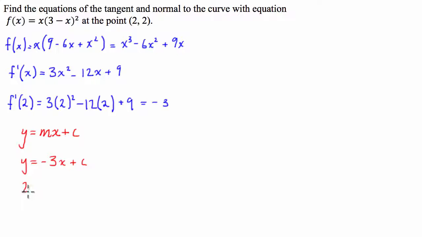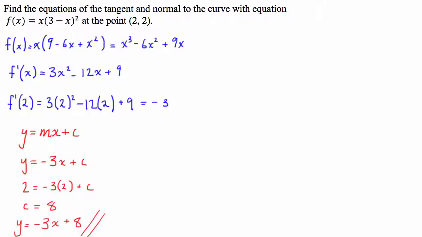So we know that 2 is equal to negative 3 times 2 plus c. So this is going to be negative 6. If I take it over the other side, it's plus 6. So 2 plus 6 is 8. So c will equal 8. So the equation of our tangent line is y equals negative 3x plus 8. Cool.